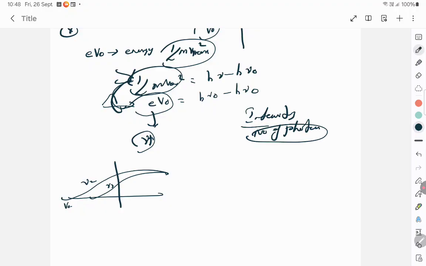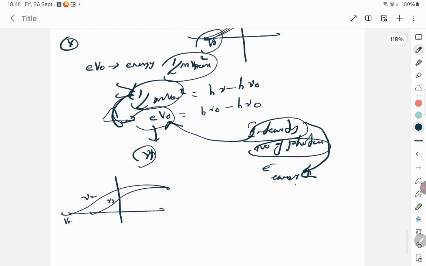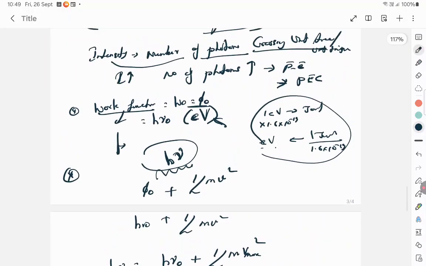It will only cause more electrons to eject. But it doesn't mean that the energy is going to increase. Intensity would not contribute to any energy increase. Therefore, intensity will not contribute to any change in the stopping potential. Okay, that beautifully explains the entire graph.